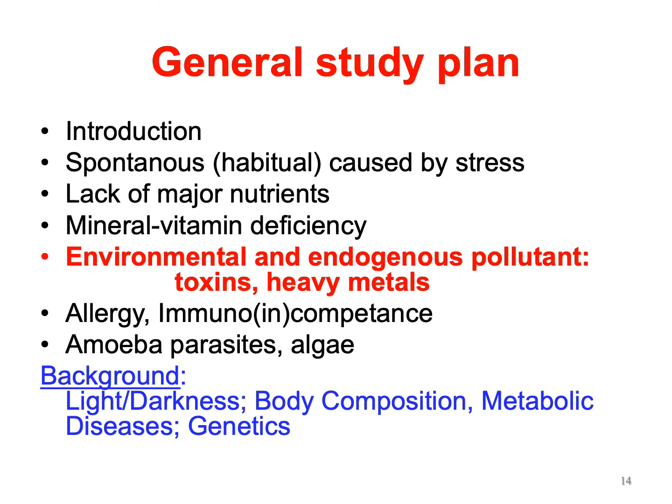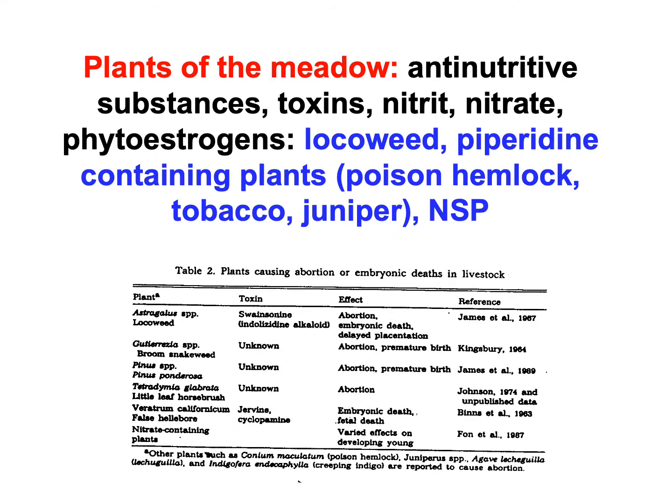In the general study plan, we are at the environmental and endogenous pollutants, toxins, heavy metals. First we have to see the plants of the meadow for grazing animals. More and more breeding sows are kept in the meadow. Plants contain antinutritive substances, toxins, nitrate, and phytoestrogens.